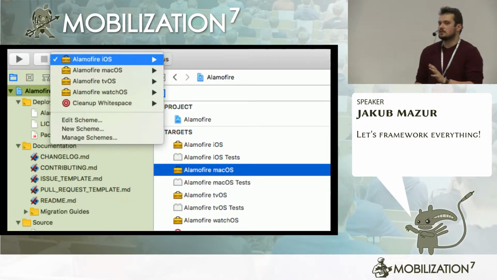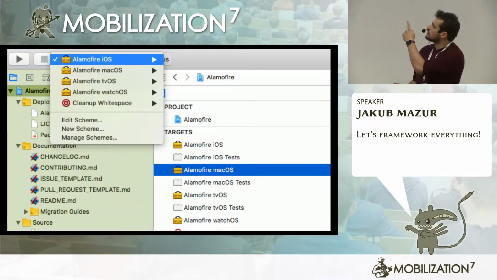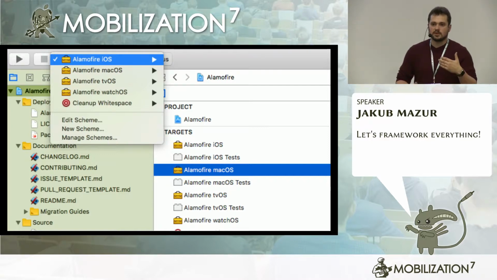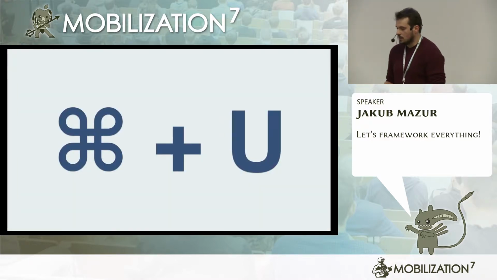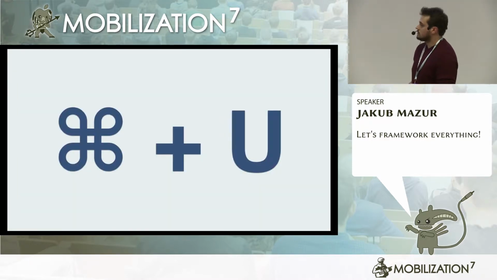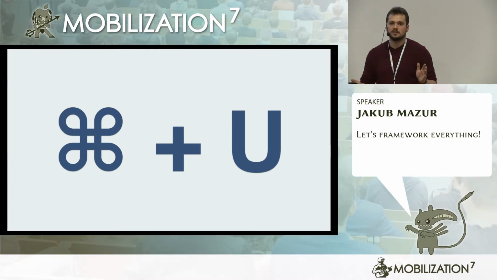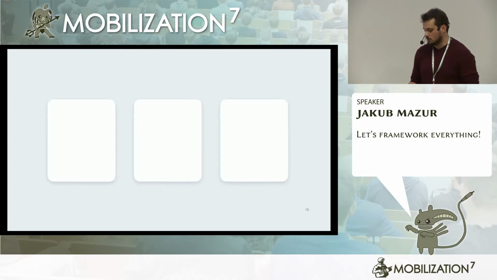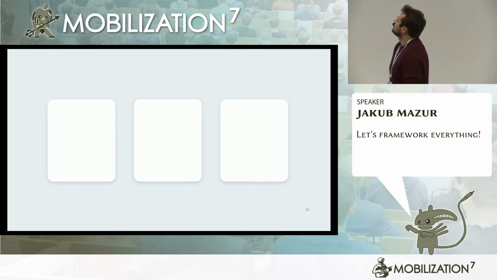You cannot check it with only this scheme. Of course, you can add a target and log it and call the method every time, but it's more hassle. So I strongly suggest that Command U be the key to compile and run the tests every time you're writing a framework.